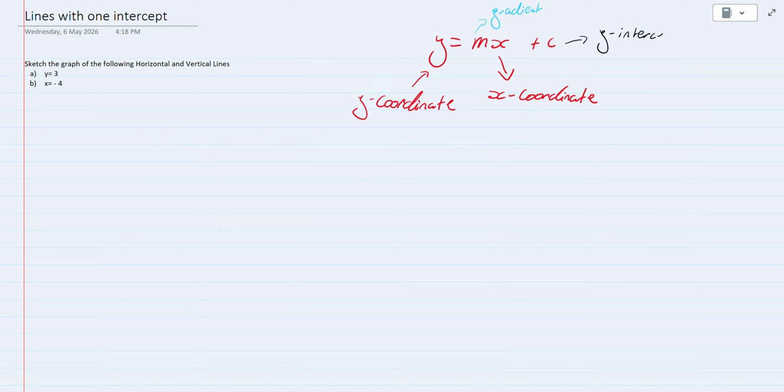So it's the point where our line is passing through our y-axis.